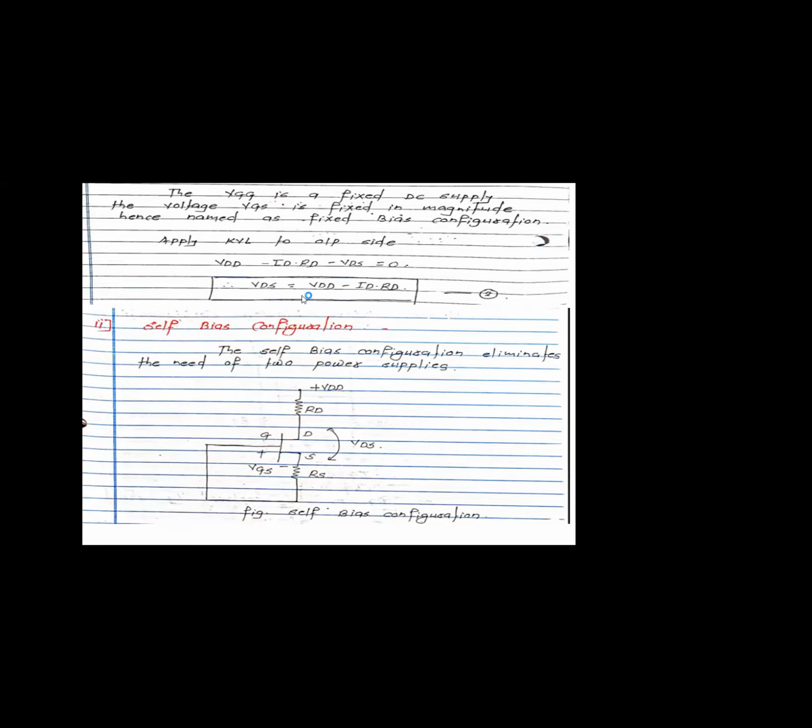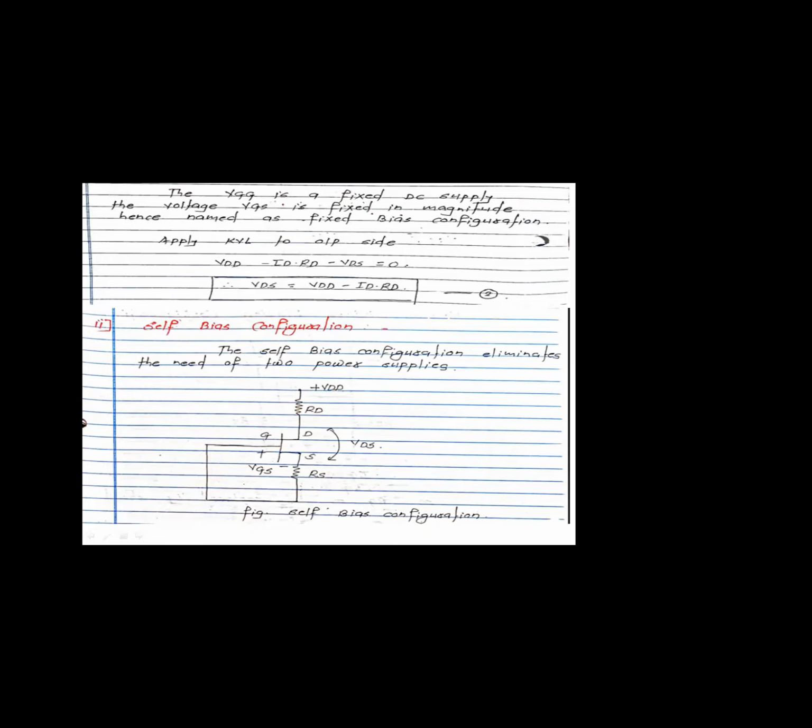The self-bias configuration eliminates the need of two power supplies, plus VDD power supply for both the drain as well as the gate, right? So for that purpose we have to apply for the input as well as output.